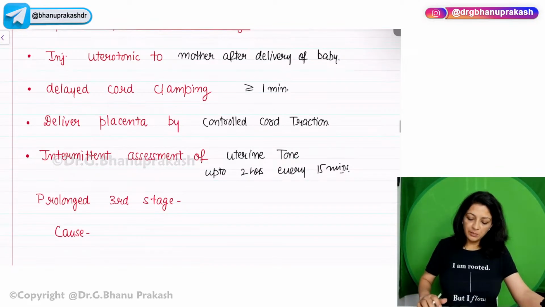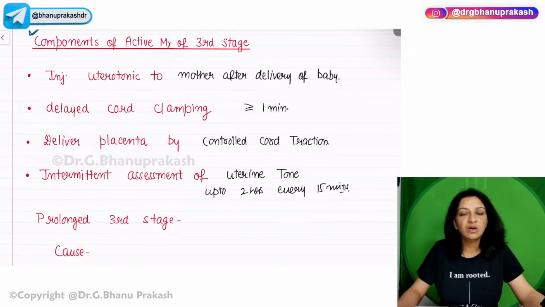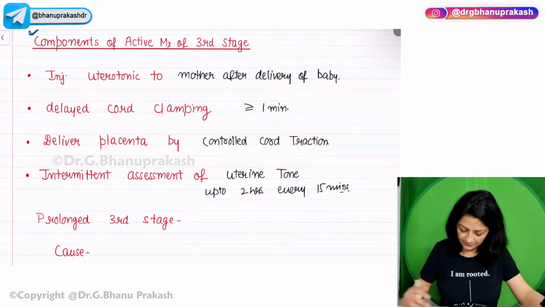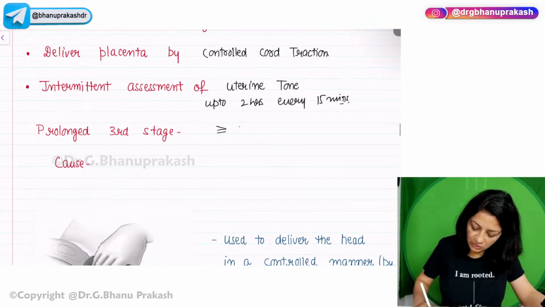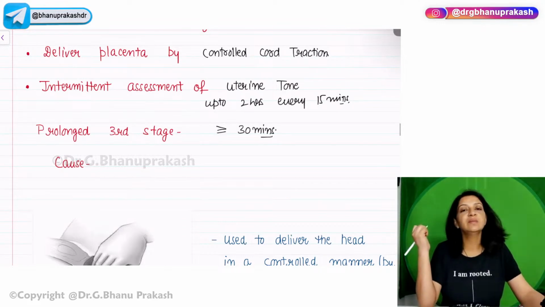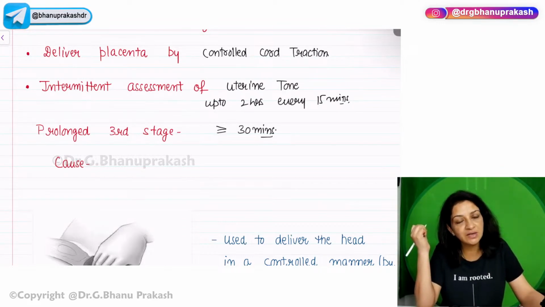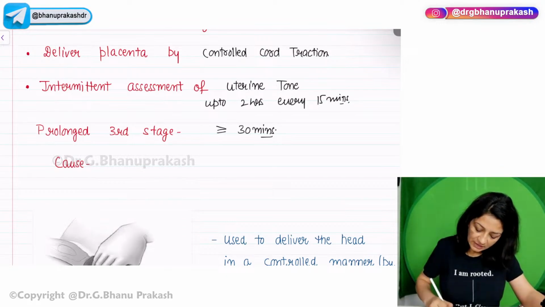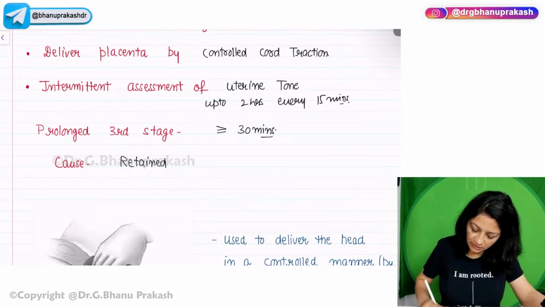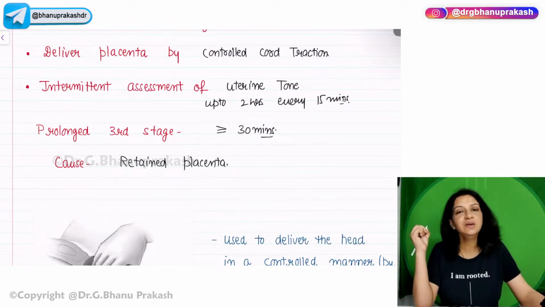So these are the components of active management of third stage of labor. Prolonged third stage means more than equal to 30 minutes. अगर third stage को complete होने में लग जाते हैं more than equal to 30 minutes, that is called as prolonged third stage of labor. Cause क्या रहेगा? Retained placenta.